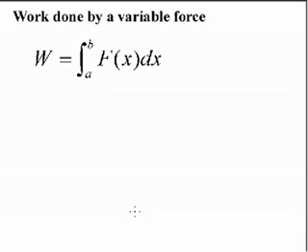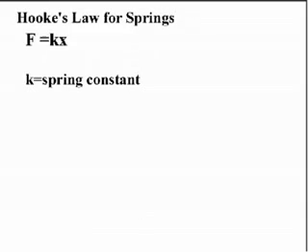X goes from a to b. And now, since x is infinitesimal in its value for force, we can write that work is the integral from a to b of f of x dx, where f of x is the variable force, and x is the variable we're using for the distance measurement.